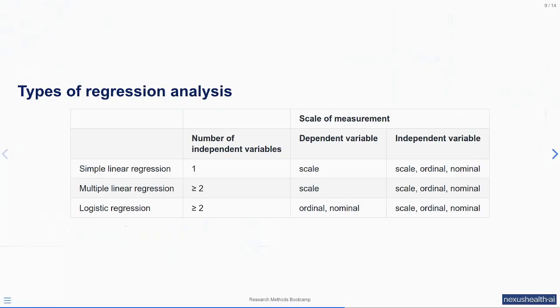So the key distinction between the types of regression that we come across are, first of all, the number of independent variables and the type of dependent variable. So when it's a continuous variable or a scale variable, that is when we do linear regression, and when it's binary categorical, we do logistic regression.